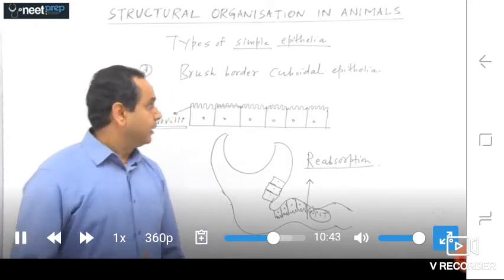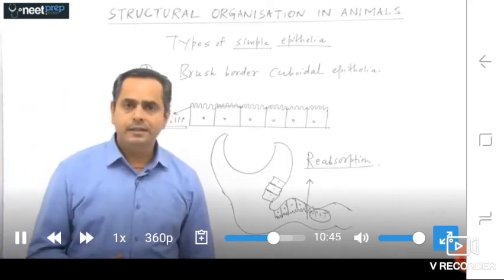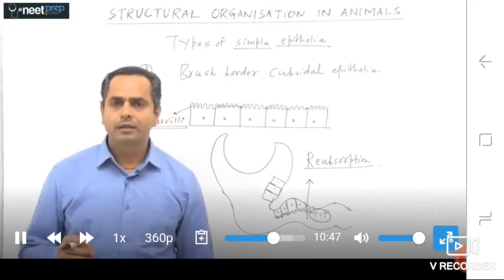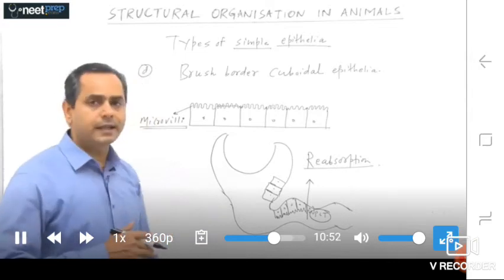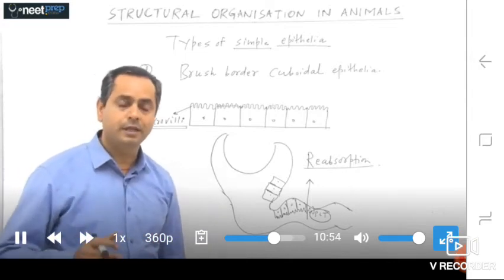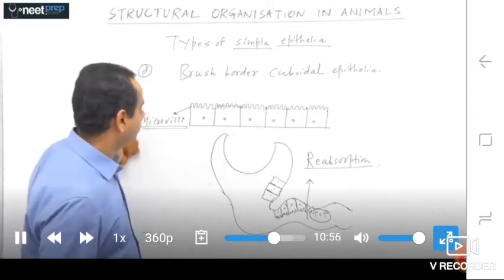That's fine. Now see the next type of epithelia, that is called simple columnar epithelia. That is type E of the simple epithelia. Look at here.